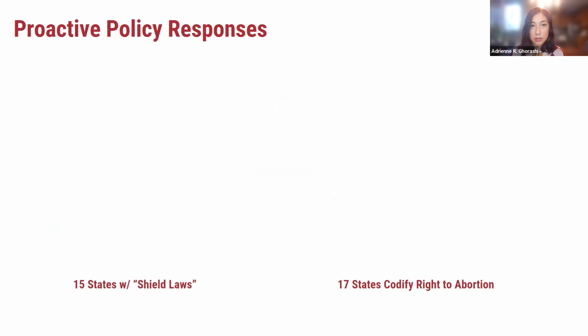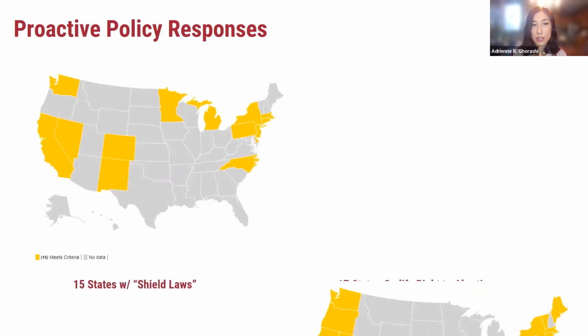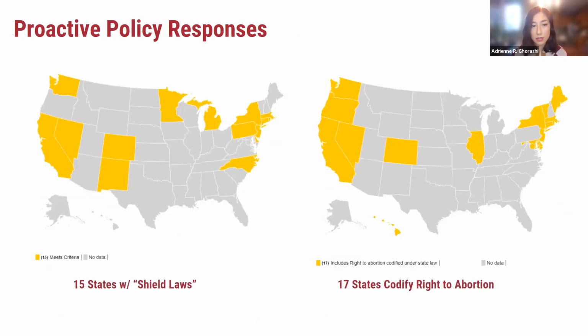Next slide, please. So on to the less depressing news. Again, as of the last update, we saw 15 states enact interstate shield laws. These laws aim to protect patients, providers, and others from out-of-state liability and prosecution for abortion care that's legal in the receiving state, but may not be legal in the state where people are traveling from.